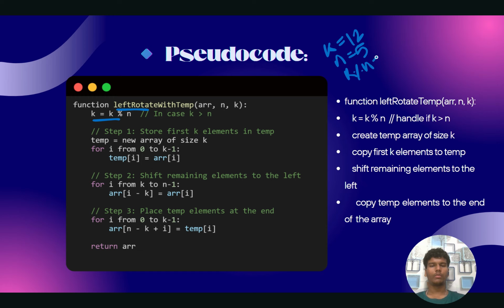So we would take the modulus of both, so k modulus n, which would give us 2. So which means we have to shift 2 steps.